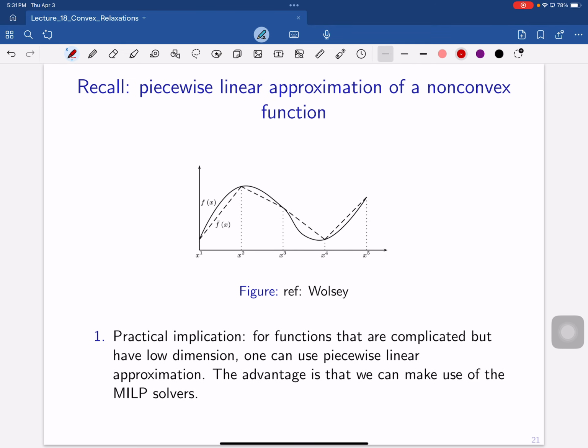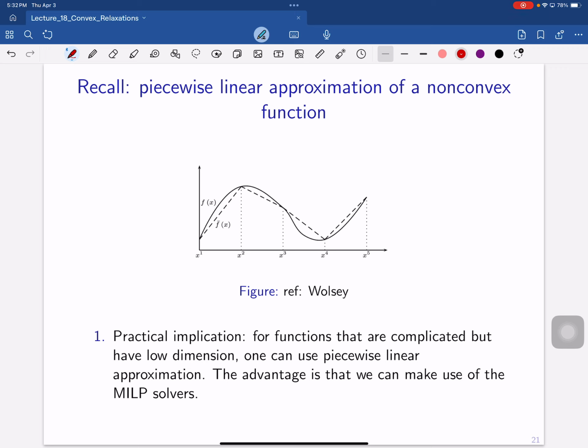So the other thing we talked about many lectures ago is the so-called piecewise linear approximation of non-convex functions. If you have a super complicated non-convex function, it's very hard to relax. The fallback strategy is to convert it to a mixed integer linear programming problem. Remember, we talked about this with SOS2, special ordered set 2.